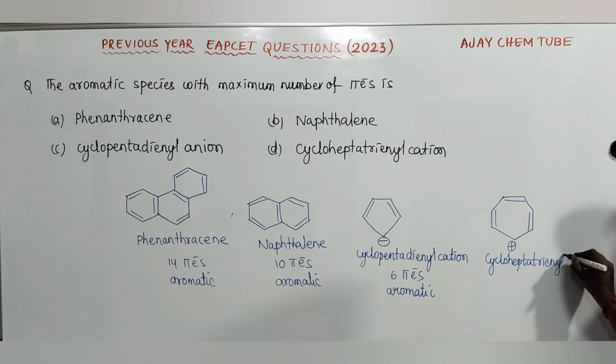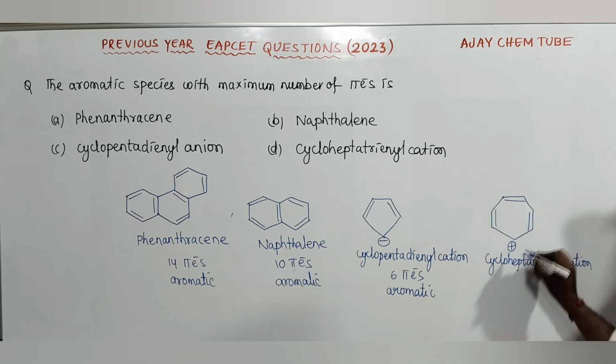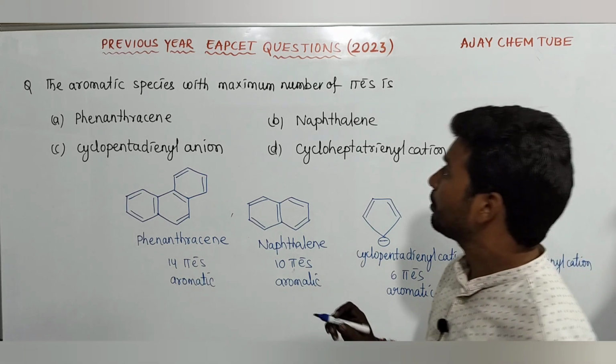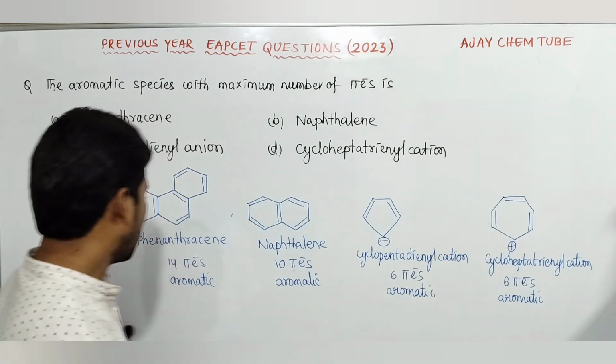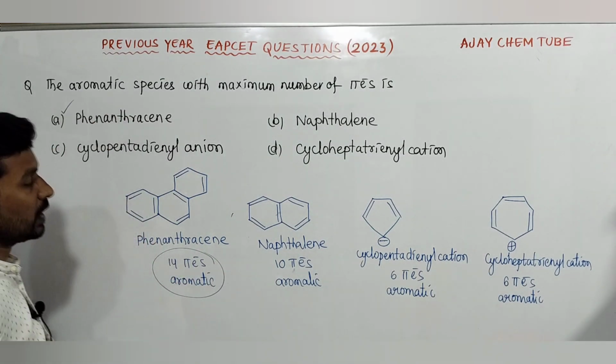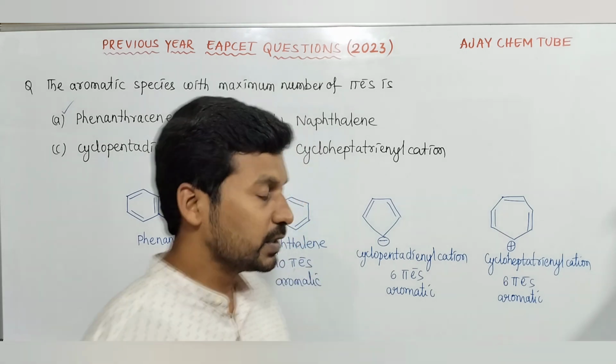It has 6 pi electrons. This is also aromatic. All are aromatic only, but the maximum number of pi electrons is 14. So which option is correct? Phenanthracene is correct. Okay, take this one.